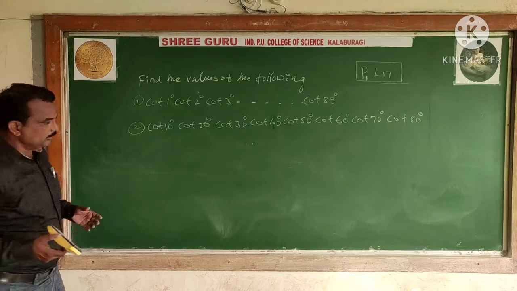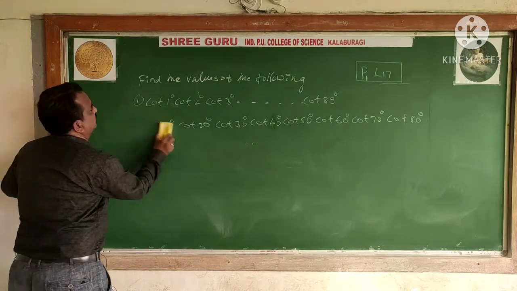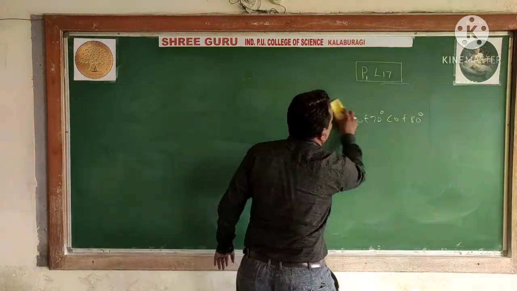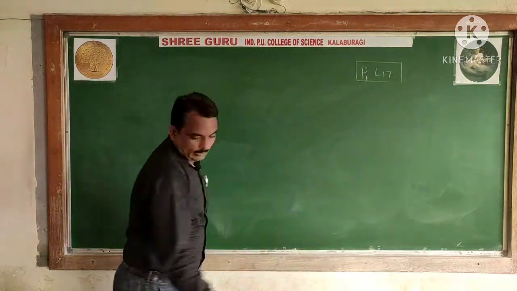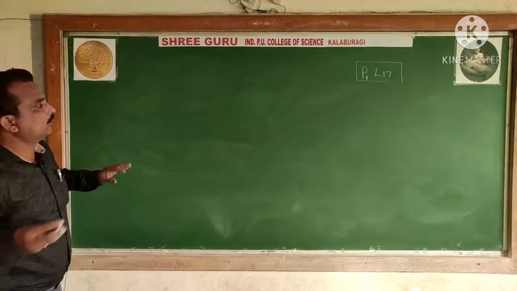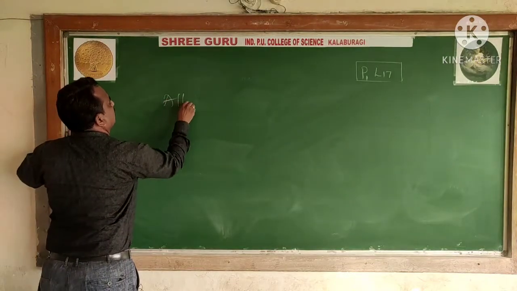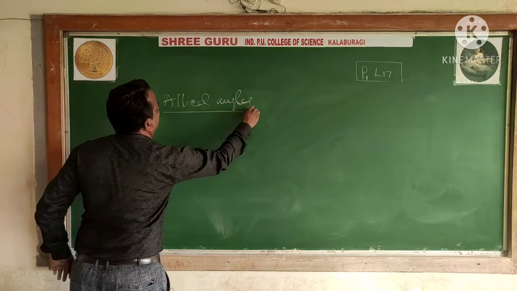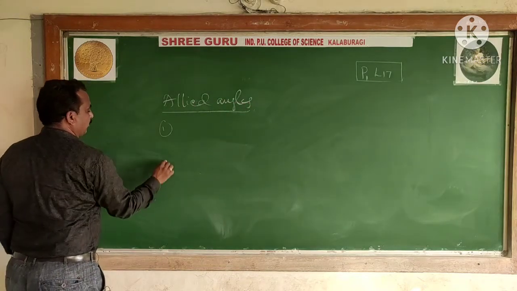So this is the allied angle structure. I remind you once again of the allied angles in this chapter, and then I will go to the next chapter. See, students, in this chapter you should remember three important points.